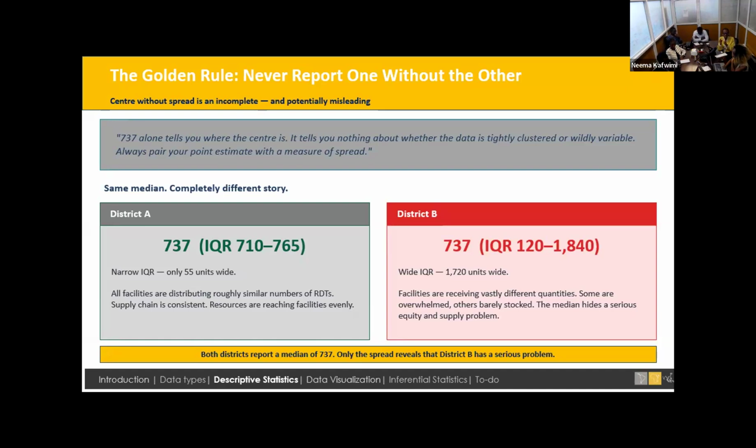So the concept is to present your findings, including both the point estimate and the spread of your data.